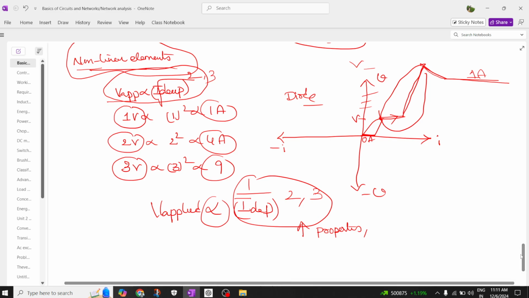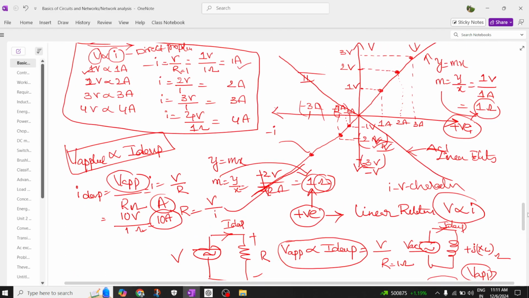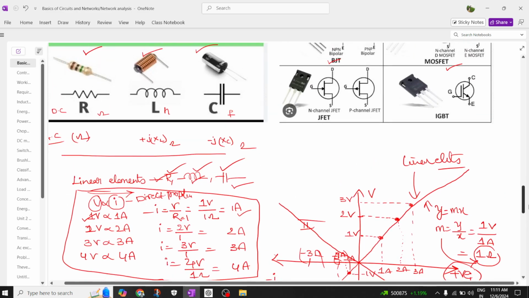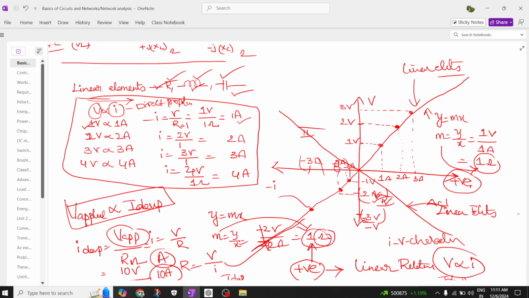Let's have an overall look. Linear elements mean that for the applied voltage, the current developed is linear. The relationship between applied voltage and current is a straight line which travels in the first quadrant as well as the third quadrant, as well as the second and fourth quadrants. These elements are called linear elements.